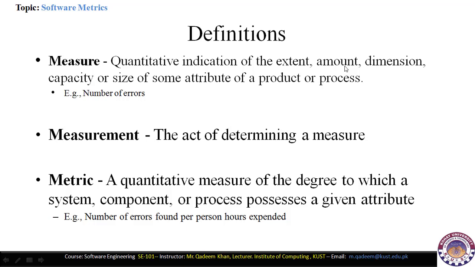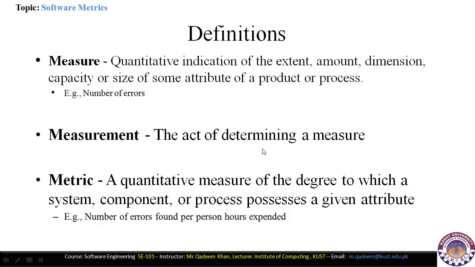Amount is something that can be measured, and dimension here is, for example, the dimension of a room. So it shows the length of the program, and the capacity or size of some attributes of the product or of the process is called measurement. For example, the number of errors.